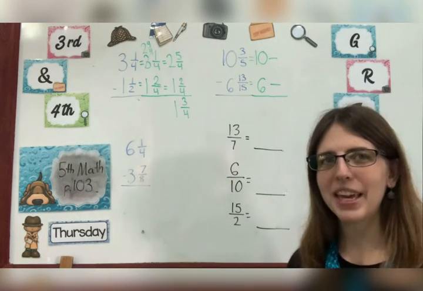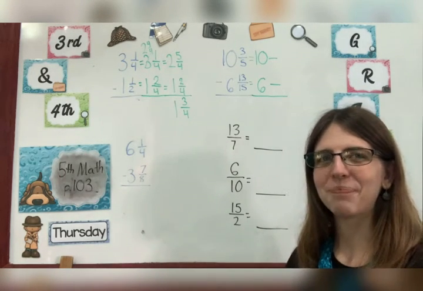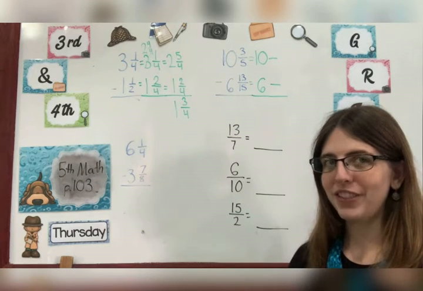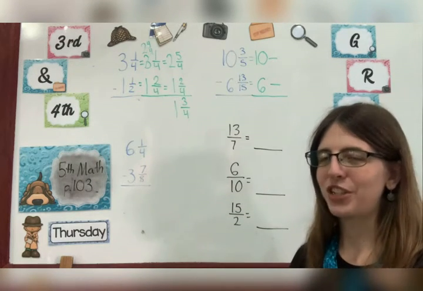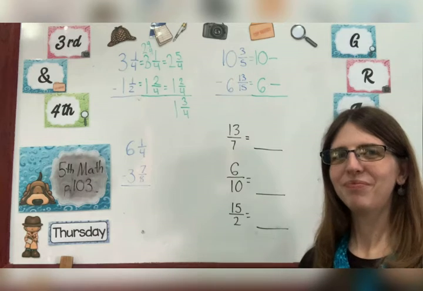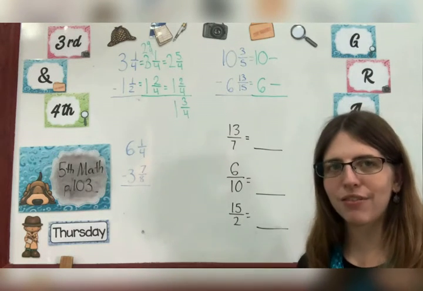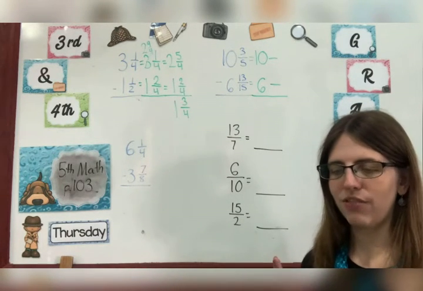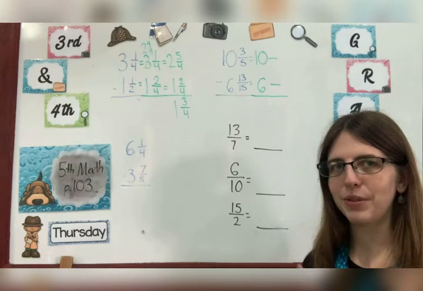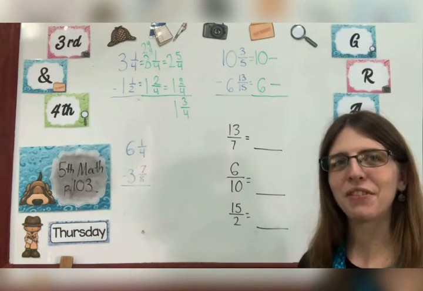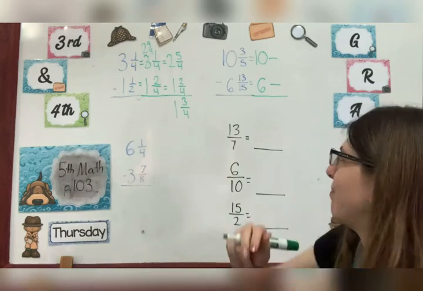Well, we'll start with our biggest denominator, which is 15. The first multiple of 15 is 1 times 15, which is 15. Is that also a multiple of 5? Well, 5 times 1 is 5, 5 times 2 is 10, 5 times 3 is 15. So yes, it is.